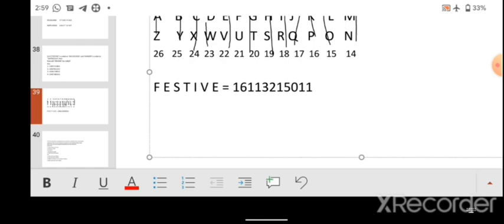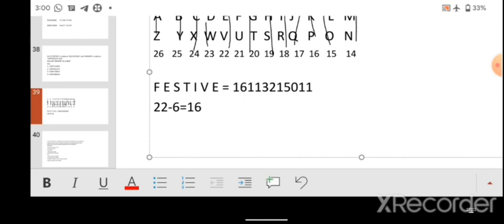So for any consonant, it would be 22 minus that consonant. In our problem, 22 minus V is 0. So let's see for other consonants. F is 6. So 22 minus 6 is equal to 16.